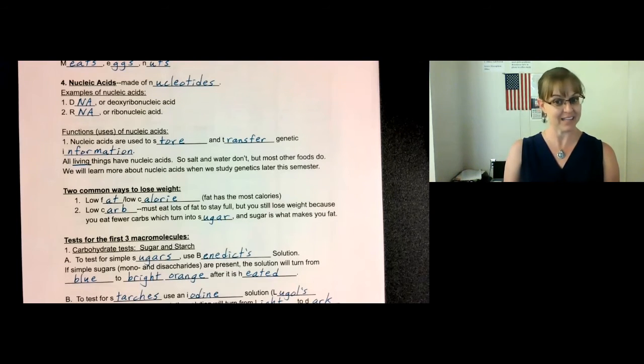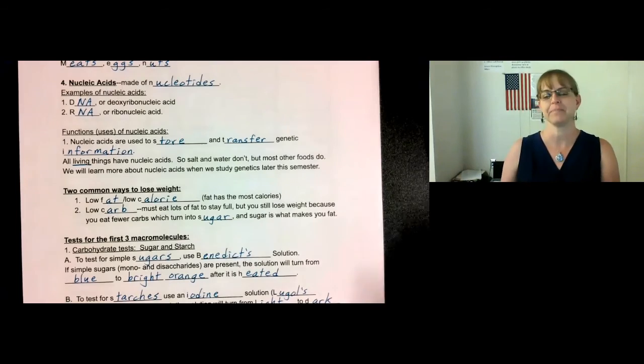Any food made of plants, including wheat and flour, and any food made of animals, meat, eggs, milk, which was from the animal, all of those have DNA and RNA. So they don't really provide nutrients, they provide the instructions when that living thing was growing and living in the past before you ate it.